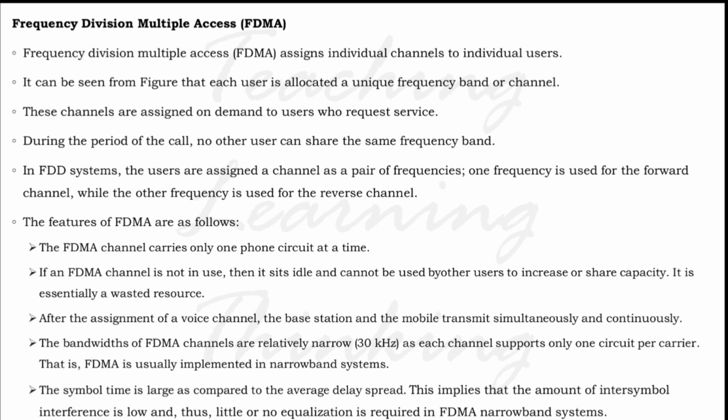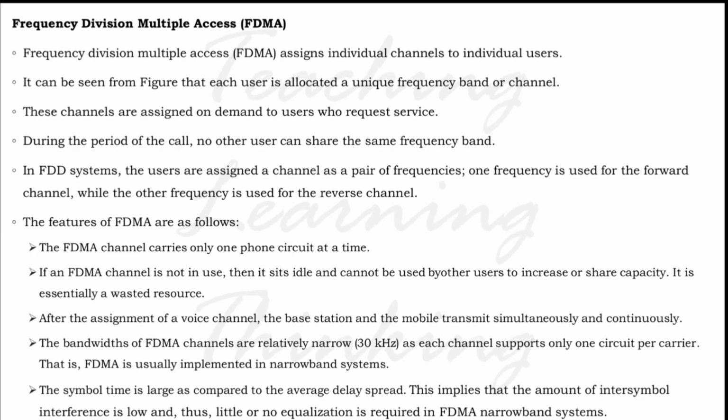That is, FDMA is usually implemented in narrowband systems. We have already discussed that there are two types of systems, narrowband and wideband. FDMA is related to narrowband systems since the channels are relatively narrow, 30 kHz for each channel, supporting one circuit per carrier.